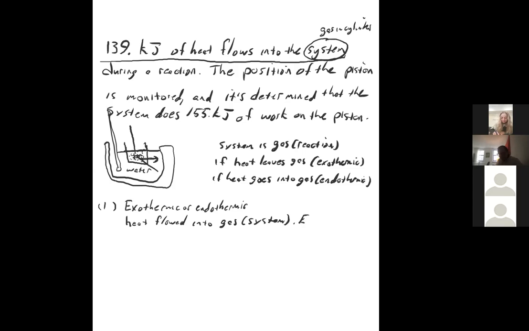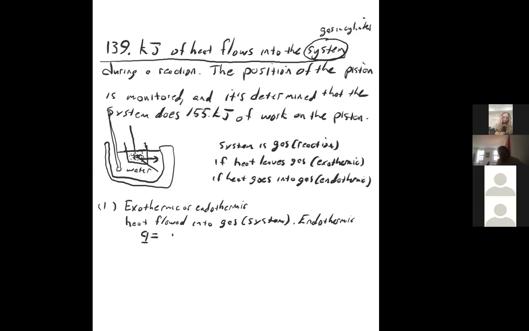So that's endothermic. And they don't ask you to do the sign here, but I'm going to put it here because we'll need it for another question. So here's how you apply the sign convention. If it's endothermic, that's positive. If it's exothermic, it's negative.